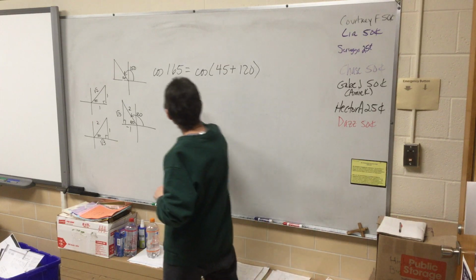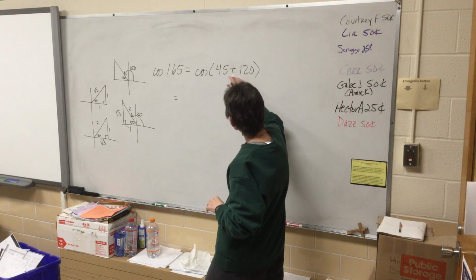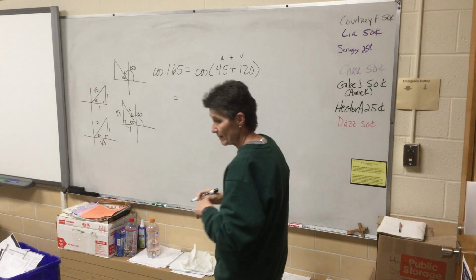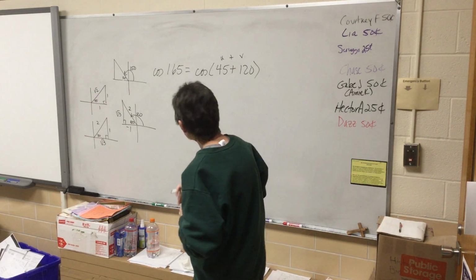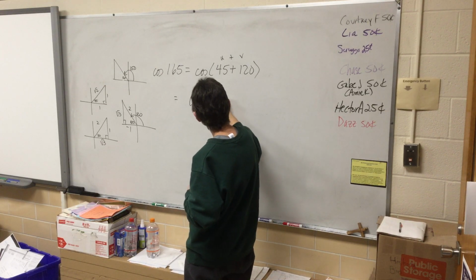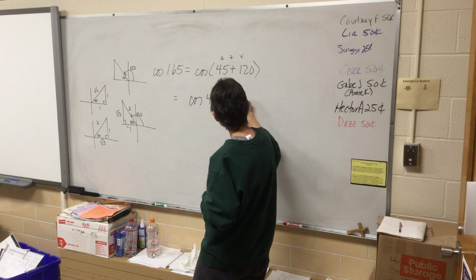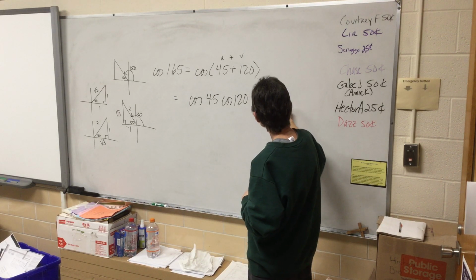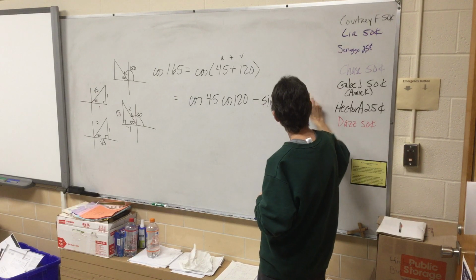All right, here we go. This is a cosine and it's a sum. U plus V. Is that right? U plus V. All right, so what's the formula say? Cosine of the first, cosine of the second, minus sine of the first, sine of the second.